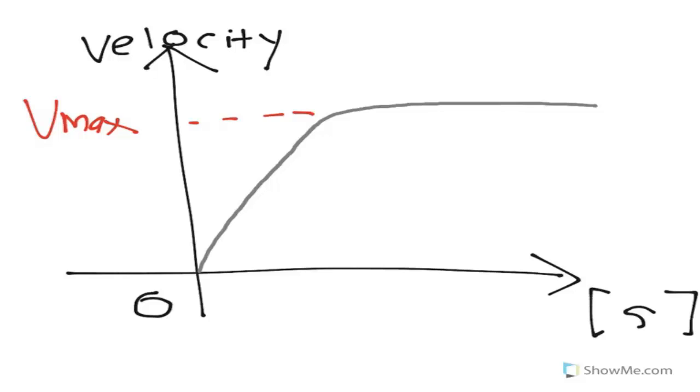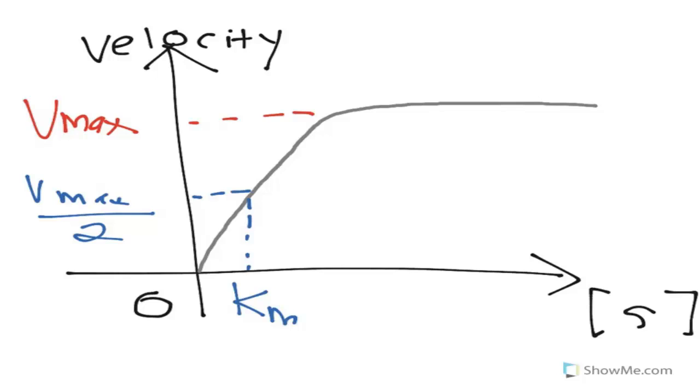Firstly, you take your Vmax and you take half of your Vmax, which is Vmax over 2. Then you read off the coordinates on the x-axis, and this coordinate right here is Km. Km is the concentration of substrate when V0 is equal to 1/2 Vmax.